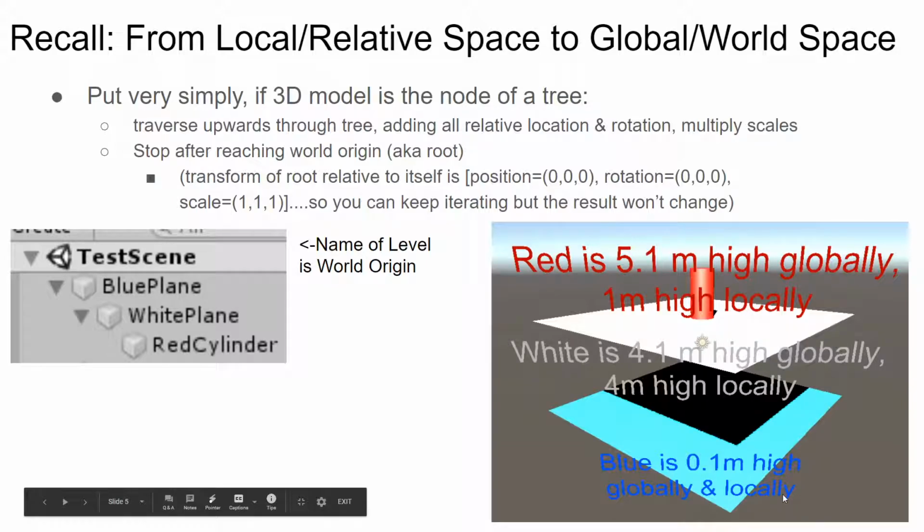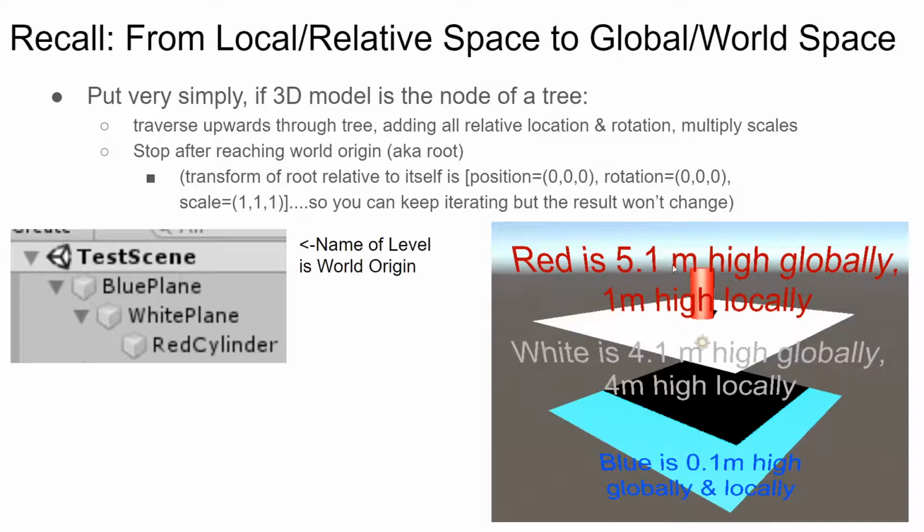So in this case, the blue plane's local height is 0.1 meters, the white plane's local height is 4 meters, and the red cylinder's local height is 1 meter. Therefore, the red cylinder's global height is 5.1 meters. You just add them all up, with scales you multiply them, and you just go up to the root, and that will give you all the information you need.